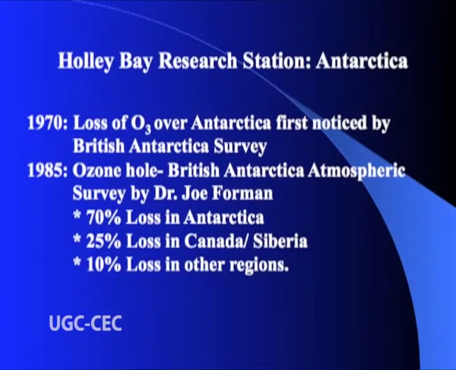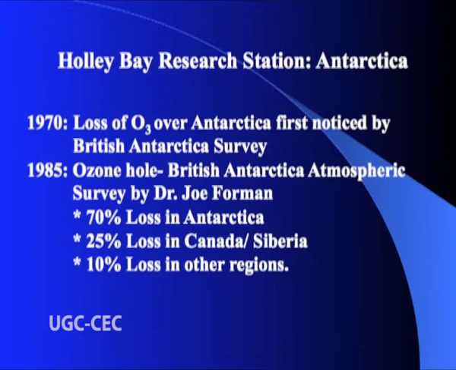It was first noticed in 1970 at Halley Bay Research Station in Antarctica, by the British Antarctic Survey, that the global average of 300 Dobson units of ozone was not present in Antarctica.